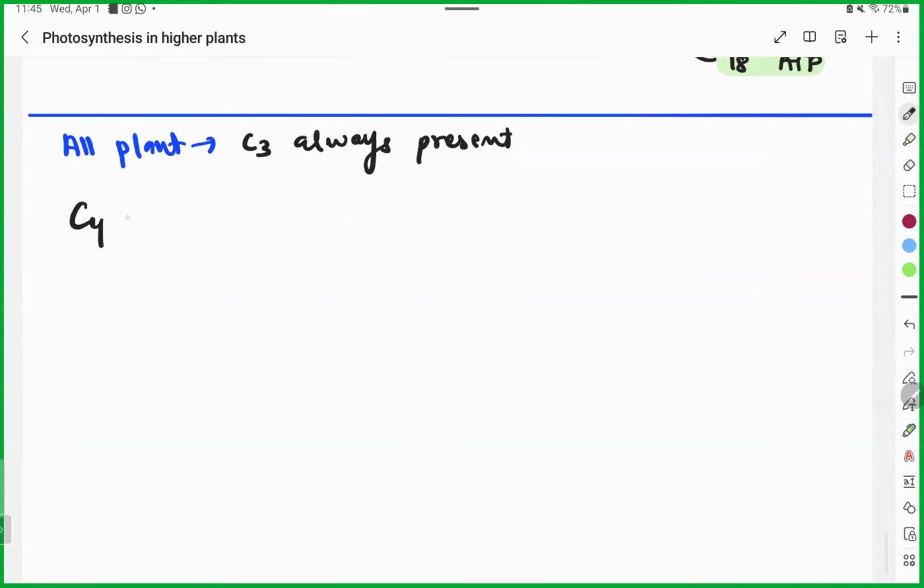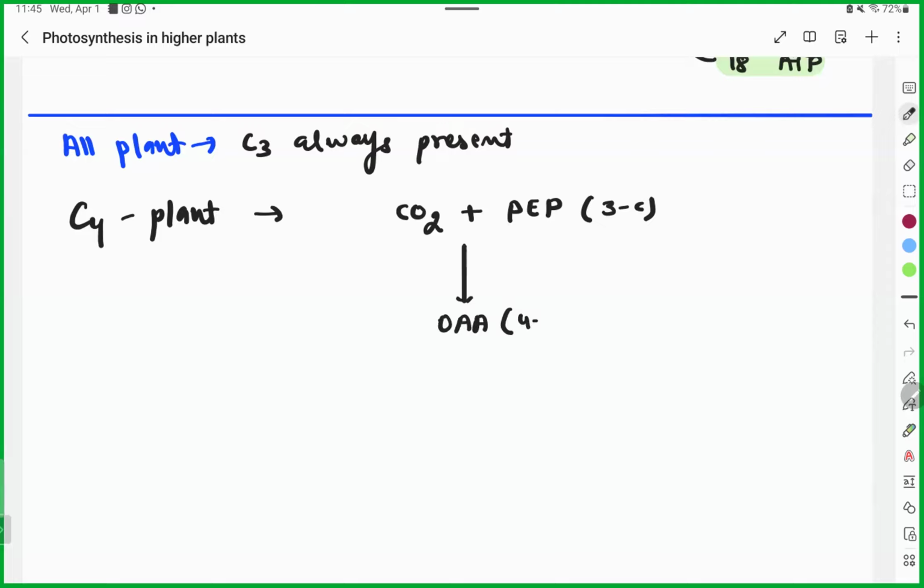In C4 plant, the only difference is that in case of C3, CO2 was reacting with RUBP. In C4 plant, CO2 will react with phosphoenol pyruvate, a three carbon molecule. When both react, it produces the first product, oxaloacetic acid, a four carbon product.